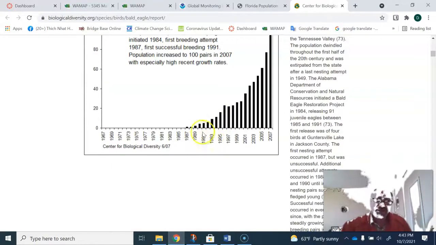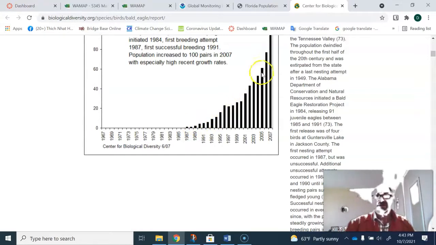Notice that this goes every 2 years. I didn't want to put in all those values. You can put in all of them, but I just put in every 4 years. So I started at 1987 because I read that 1987 is when they kind of started breeding. So 1987, then I went 4 years, 91, then 95, then 99, then 2003, and then finally 2007.